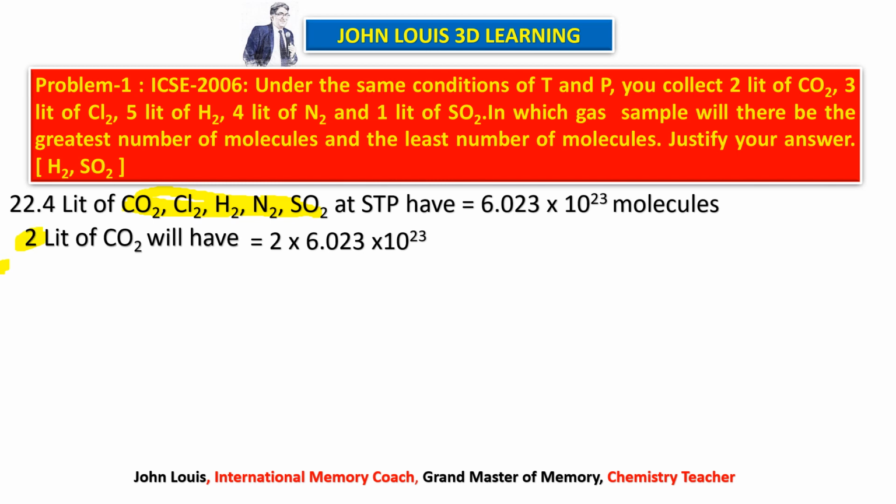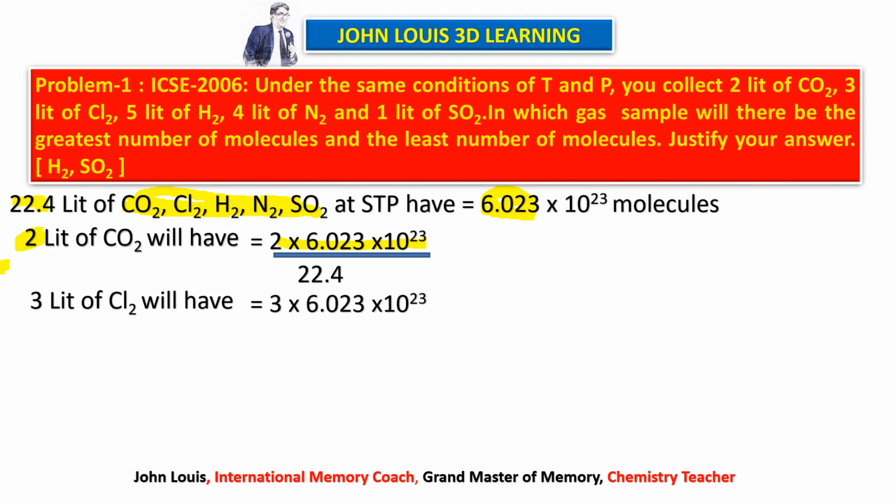Therefore 2 liters of carbon dioxide will have... so how can we find out? We have to multiply 2 into 6.023 into 10 to the power 23 divided by 22.4 liters, so many molecules.